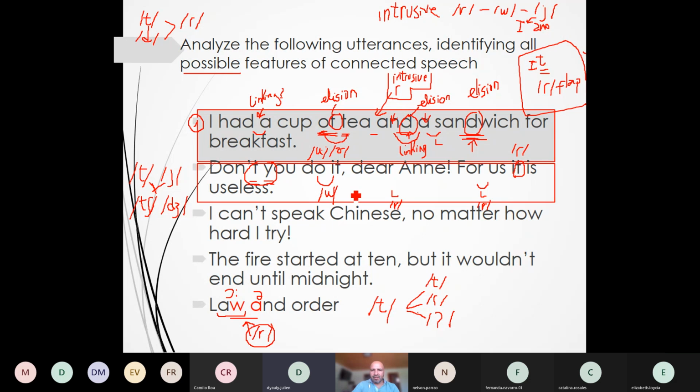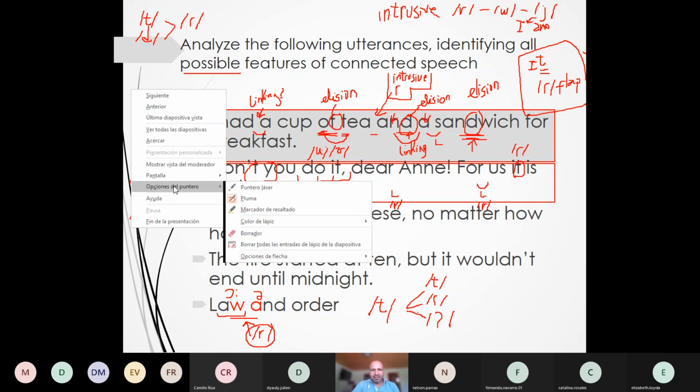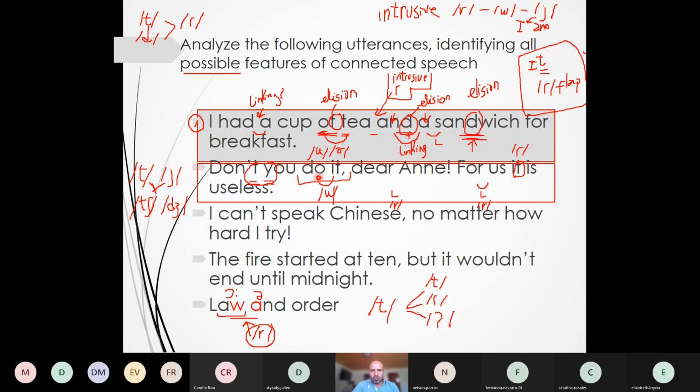No, it's not changed. It's sort of added. It's a sort of an intrusive w. People call it a linking w, but actually, if you read do and it, this letter is not there. So it's used to link do, which ends in a long u, and then the next vowel.